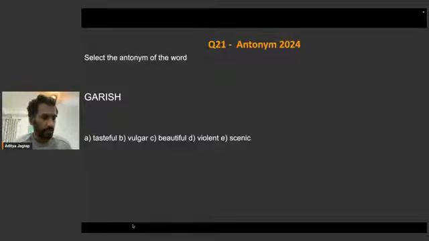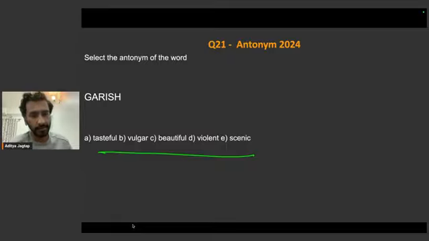All right. Garish. What's the antonym of garish? Antonyms are easy. We look for the odd one out in the options, and usually that works. So usually it works in antonyms.